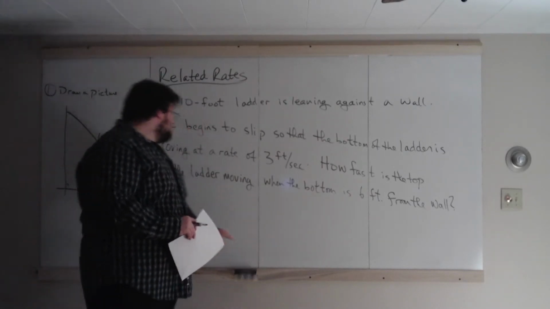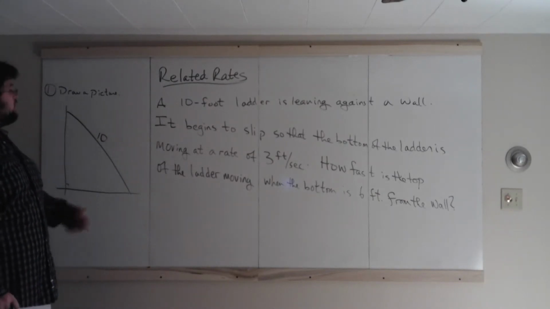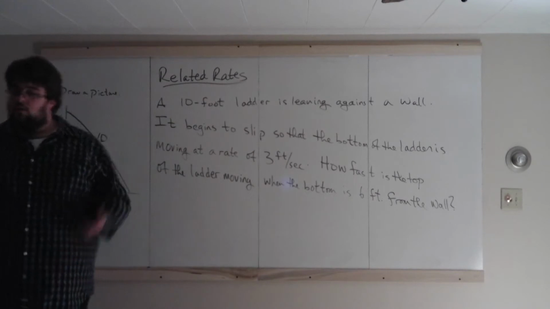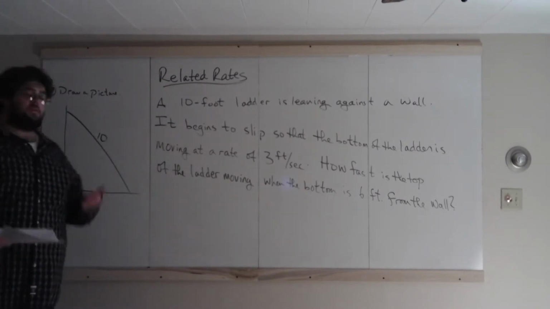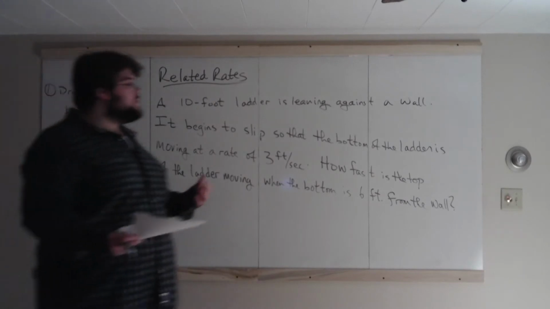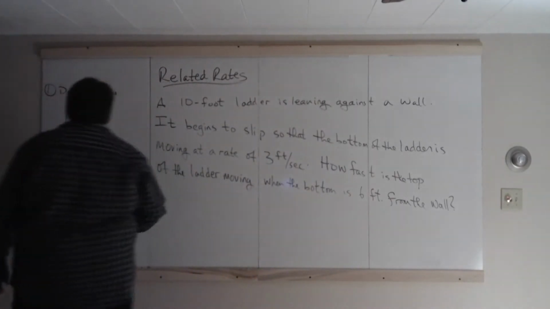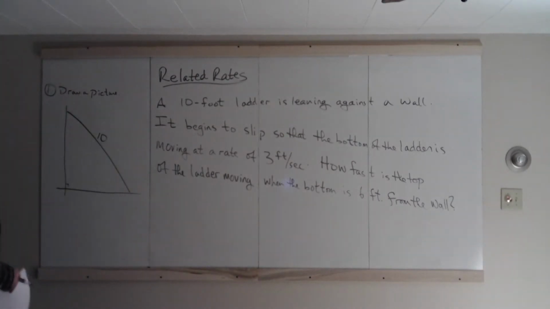So we have a 10-foot ladder leaning against a wall. It begins to slip so that the bottom is moving and so on. In the picture, you should label your variables. The variables here are going to be the quantities which change as time changes.